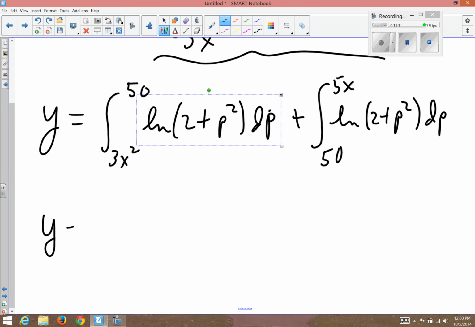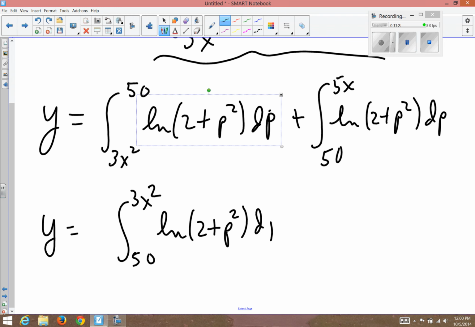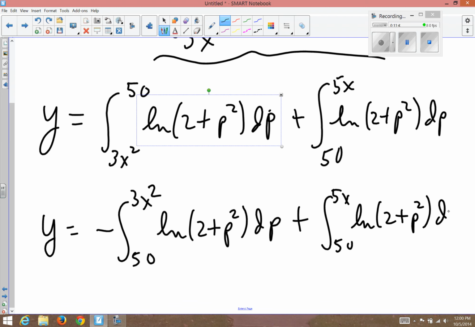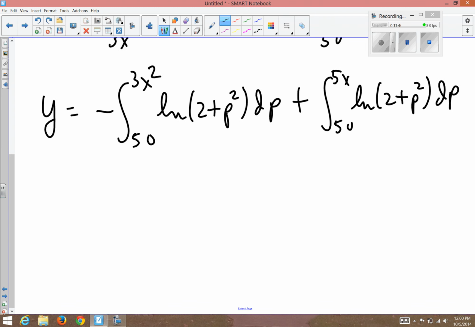So now, these are going to switch. The 50 is going to go on the bottom, and the 3x squared is going to go on the top. And I'm allowed to do that as long as I negate. We have a number down there and a function of x up there. All right, now we're ready to take the derivative of both sides. Can we differentiate each term?